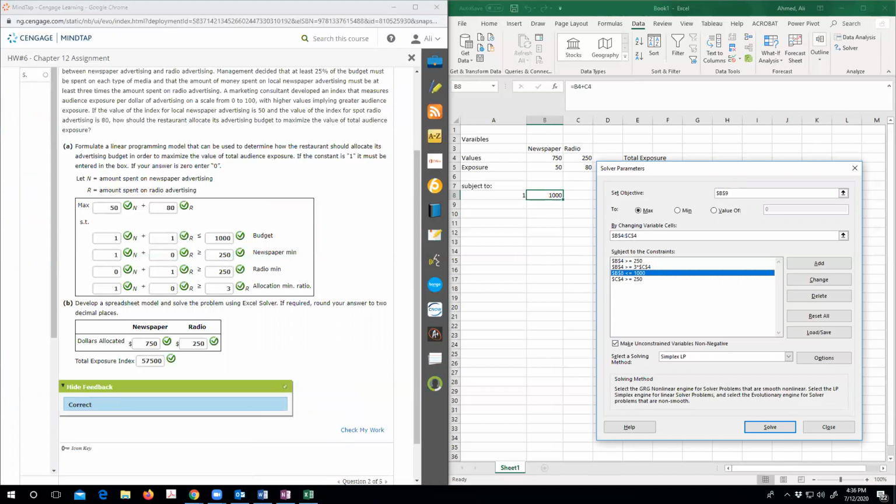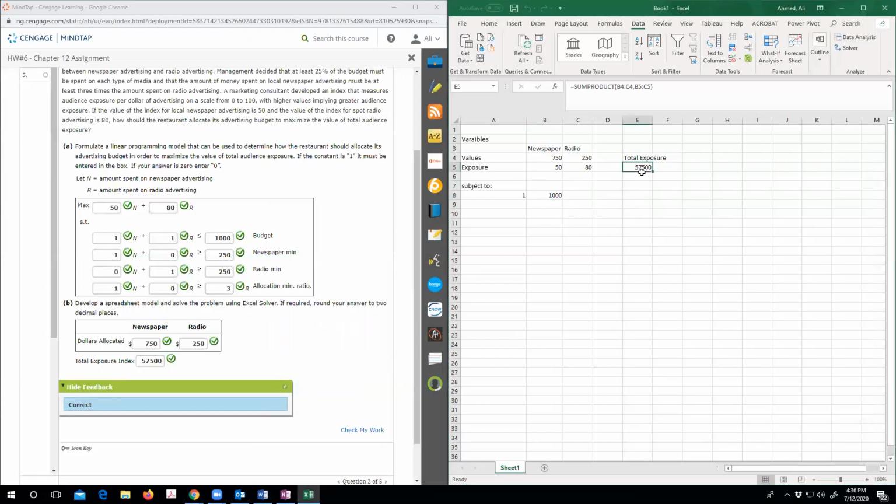Okay. I think it's not that hard. I will record this video and upload it so you can take a second look. Once you have figured out the constraints, you just enter them one by one in Excel. There are three things in every problem: a maximization or minimization function, by changing certain values.